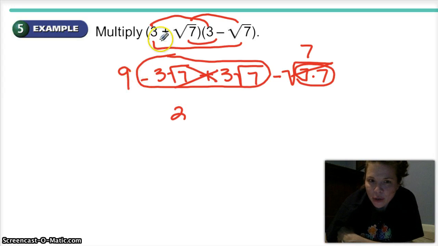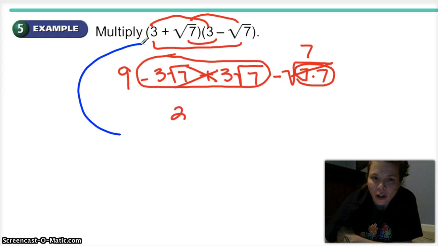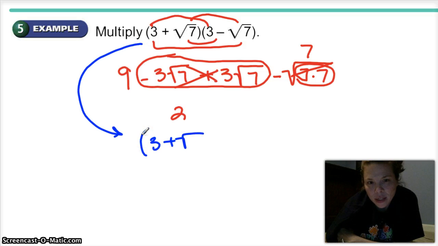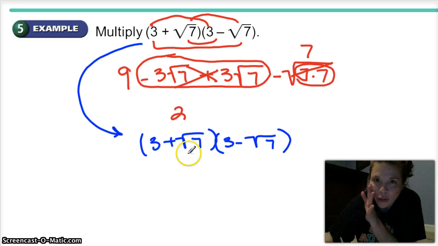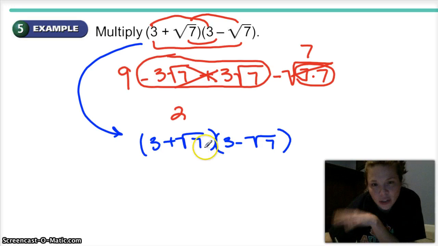Okay, so if we take a look at this in an alternate method, we have 3 plus root 7, 3 minus root 7. Ultimately, the reason we want to eliminate the radicals is so that this is a nice clean number, and the conjugates help us do that.